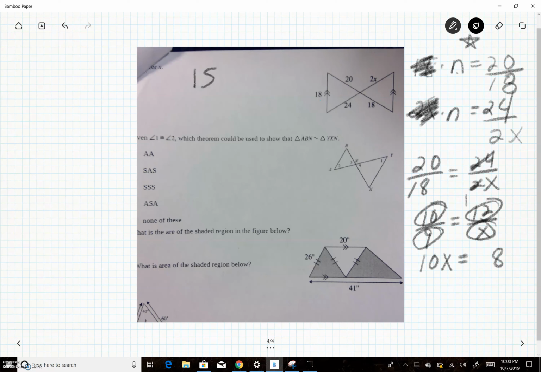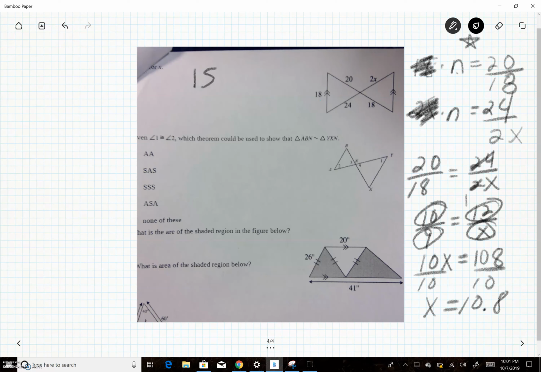Let's see. Watch my mental math, okay? Then, so I got 9 times 12 is 108. I think that is correct. Then to get x, I divide both sides by 10, and x is equal to, if I divide by 10, I just move the decimal point, so that's going to be 10.8.